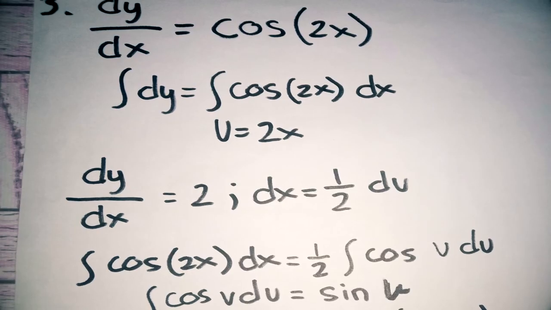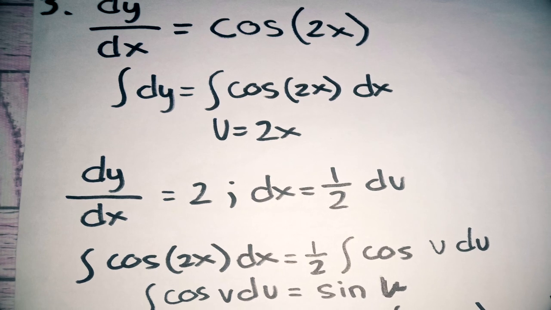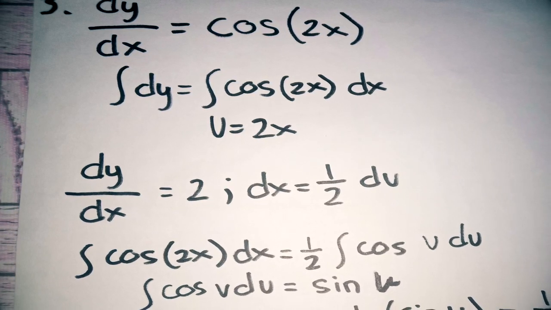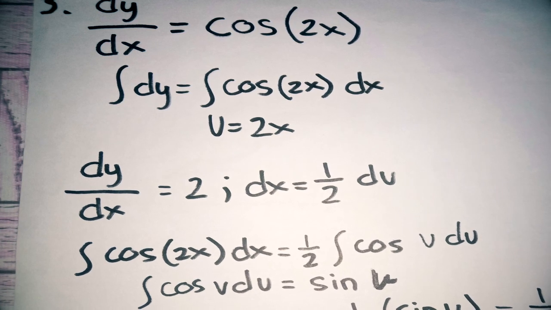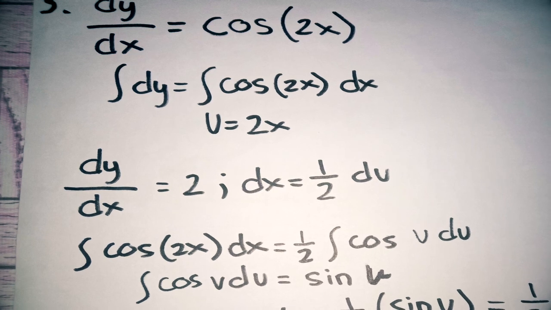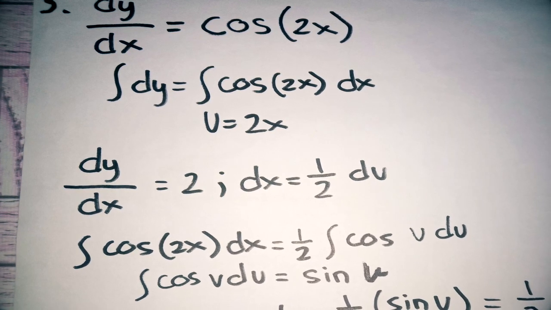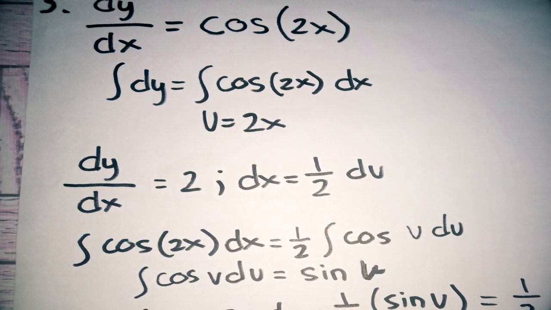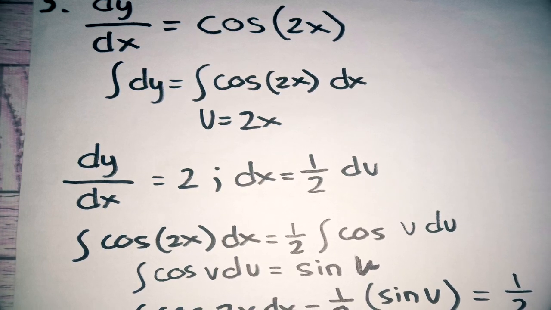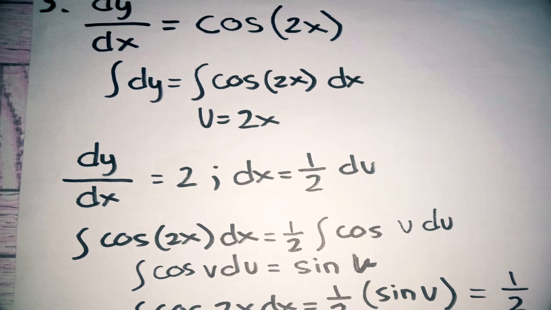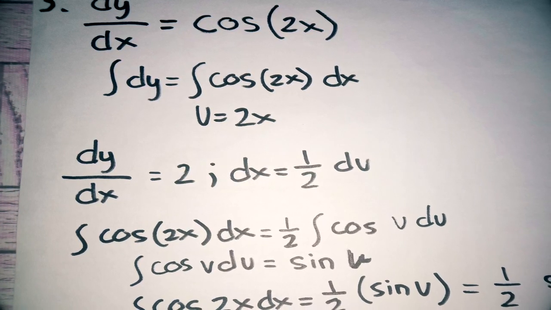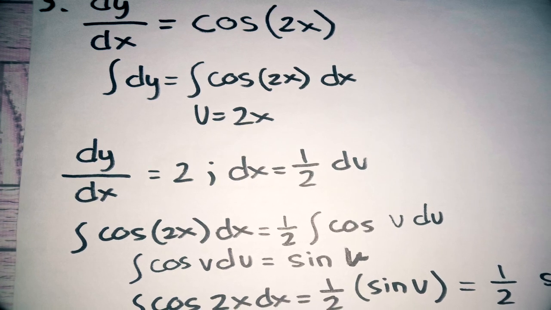Dy over dx is equal to cosine 2x. The integral of dy is equal to the integral of cosine 2x dx. Let u equal 2x, so du over dx is equal to 2, and dx is equal to 1 over 2 du.